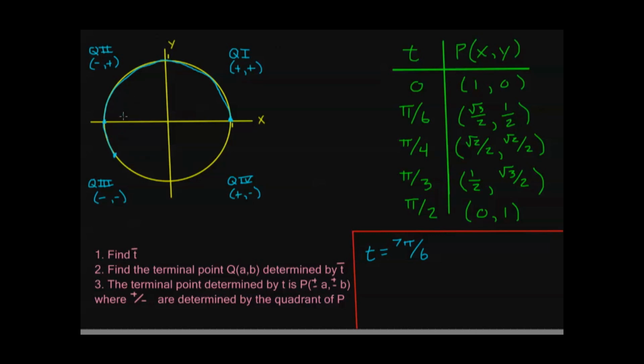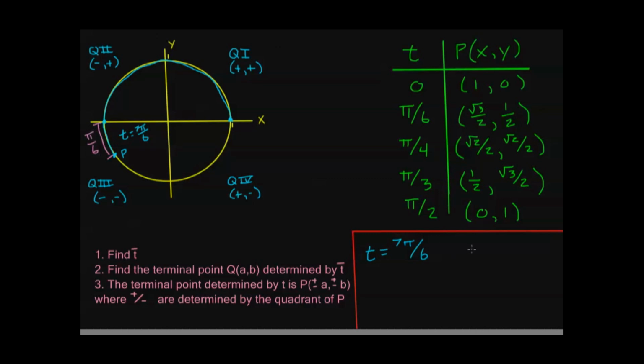So this is t equals 7 pi over 6. This is my point P right here. As I just said, I went all the way pi, and then I went an additional pi over 6. So that means my t bar, this distance right here, is going to be pi over 6, isn't it?